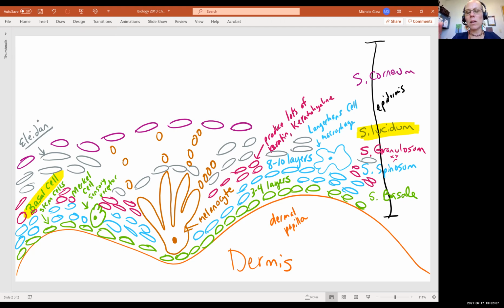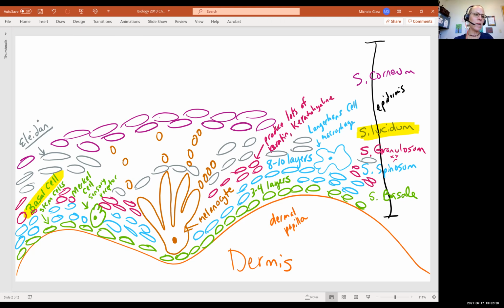And by the time the cells have pushed either into the lucidum or the corneum, they're dead, they're dry, they're hard packed together. They've got a lot of that keratin to really make them water resistant and hard. They have a lot of that keratohyalin to help connect them together as these nice sheets.